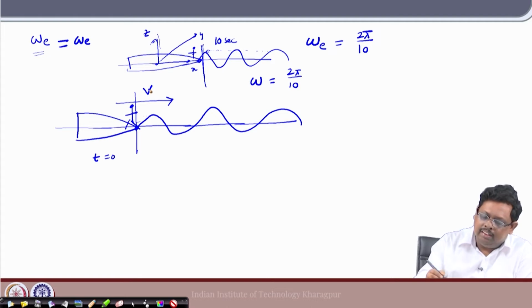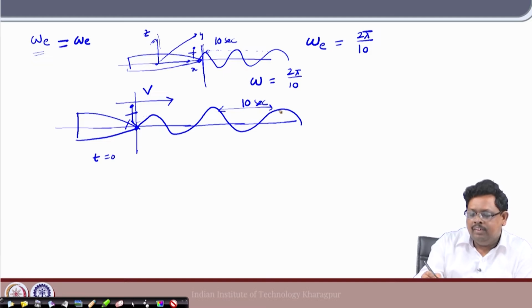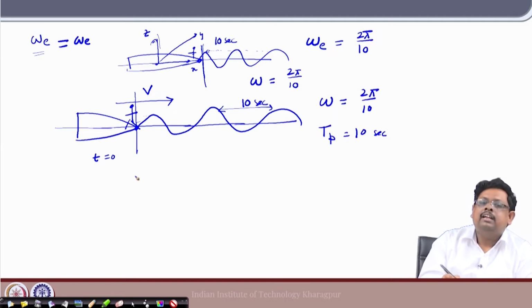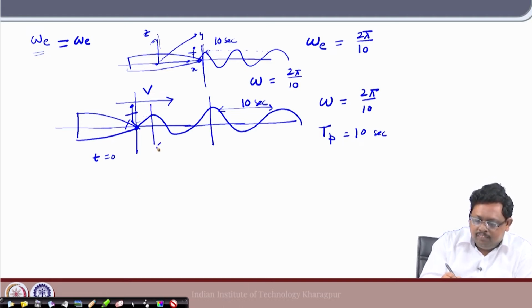Now, if the wave frequency, let us say omega, is equal to 2 pi by 10, or maybe the time period of the wave T p is equal to 10 seconds, then for this observer, the time taken between these two consecutive waves is not 10 seconds, because the ship is moving forward.